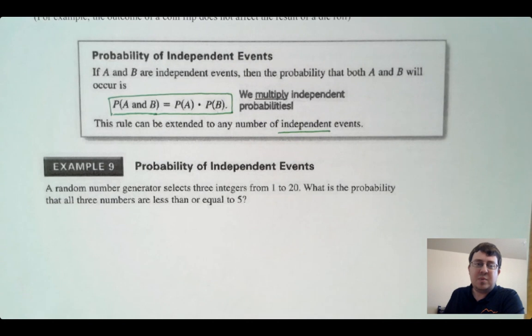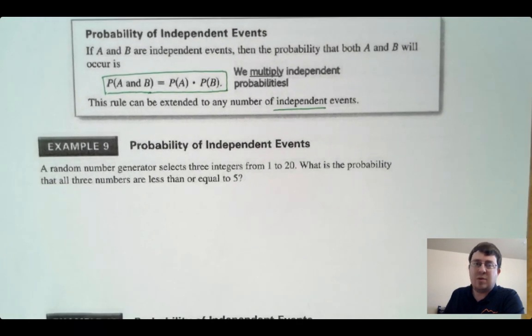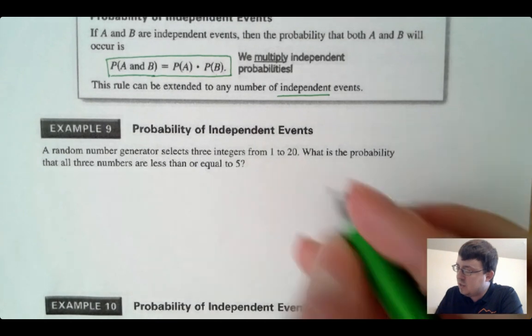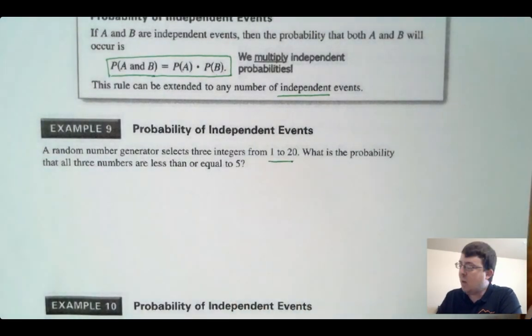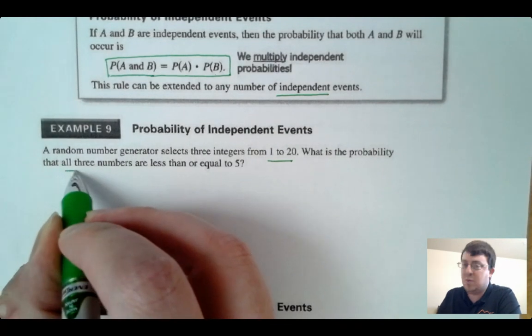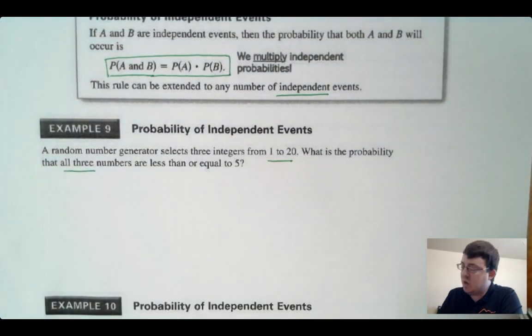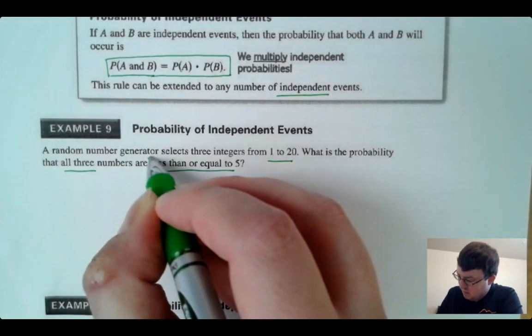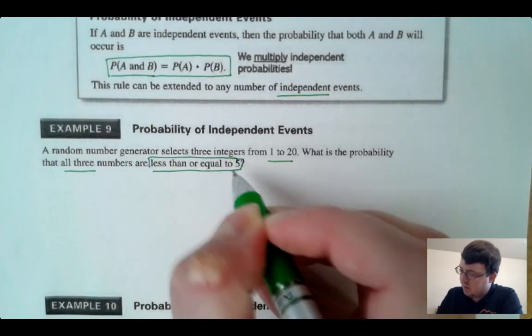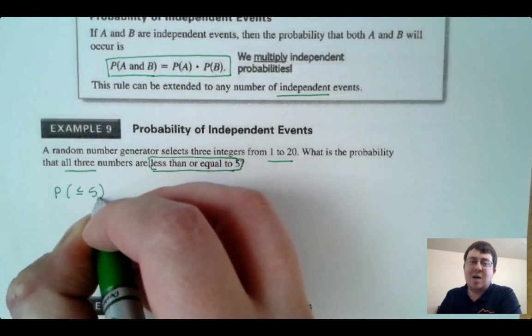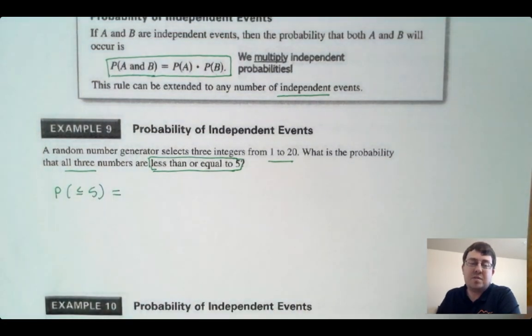For this example, we have a random number generator, so it can generate any number randomly from 1 to 20. I want to find the probability that all three numbers, so I want to look at three different integers, are less than or equal to 5. So what's the probability that I get a number that's less than or equal to 5?